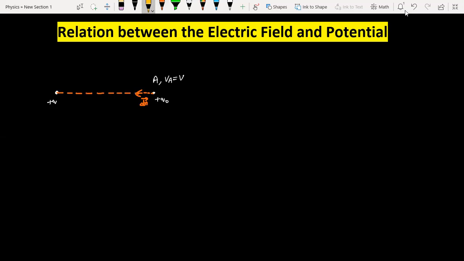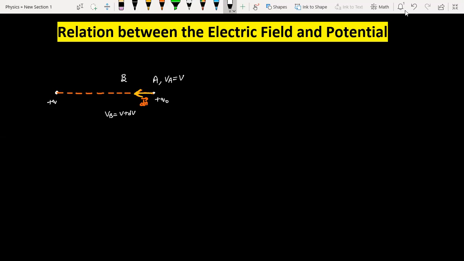I choose a very small distance dr from point A to this point B. So the potential at point B is V plus dV, a small variation in potential. The distance between A and B is so small that the electric field is almost constant between these two points.